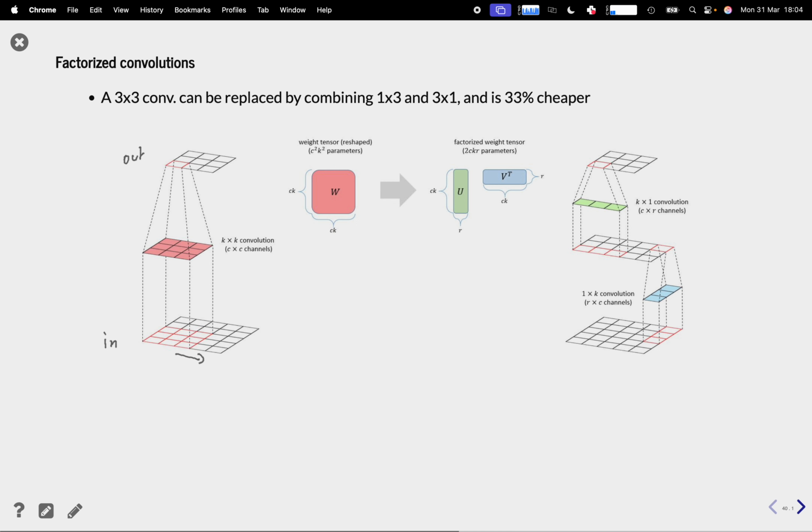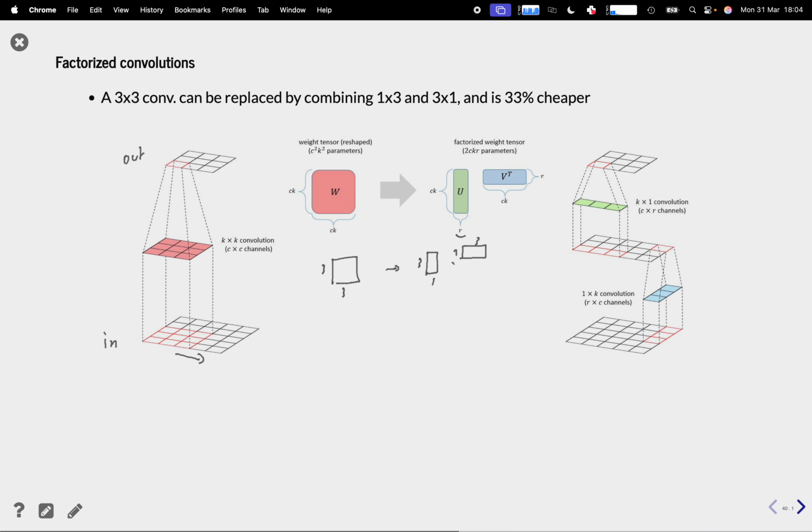Now what you can do instead, just as you can decompose a matrix into 2 smaller matrices where you can choose the rank, is take your 3 by 3 kernel and decompose that into a 3 by 1 kernel and a 1 by 3 kernel.